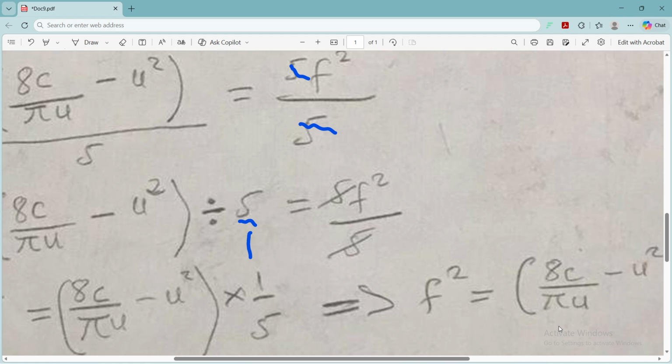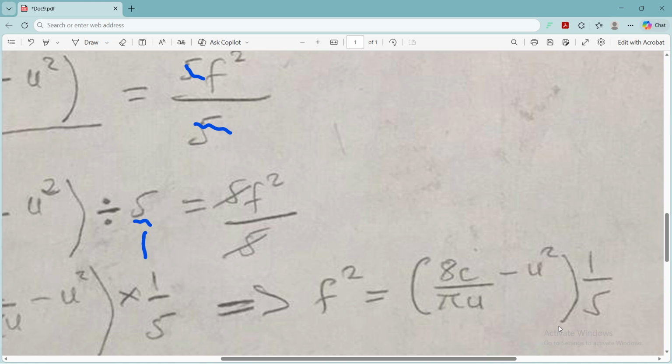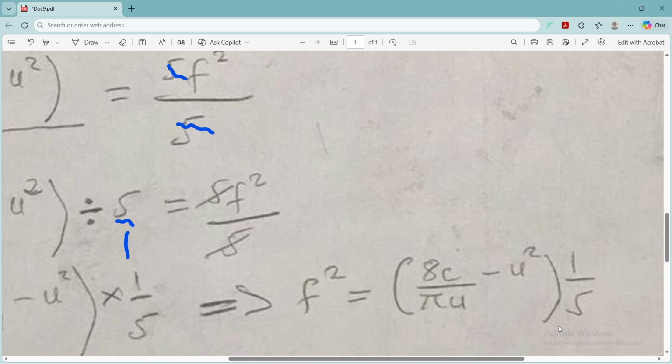Let's break it further. So we are going to further have f squared equals, in brackets, the fraction 8c divided by pi u minus u square, multiplying 1 over 5, right?